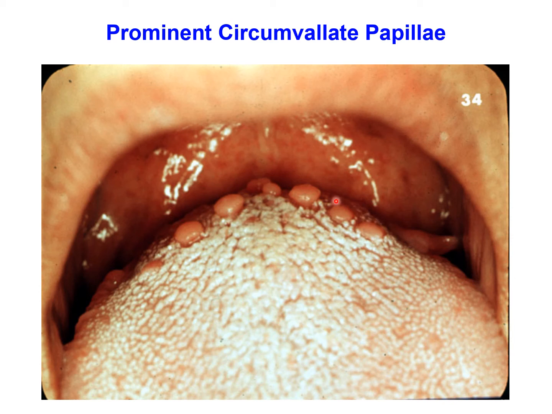As you know, normally 8 to 12 circumvallate papillae line the sulcus terminalis, and usually they are not that prominent, but sometimes as a result of irritation from hot food, allergies, etc., these papillae can get enlarged and, depending on how quickly this develops, can lead to considerable discomfort for the patient because they would feel as if something is stuck in the back of their throat.